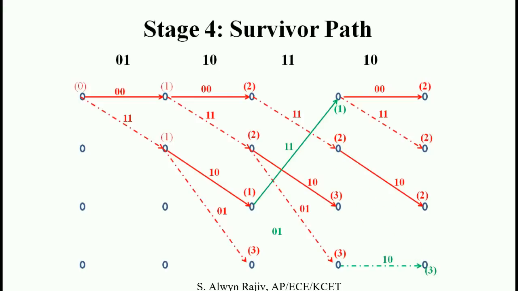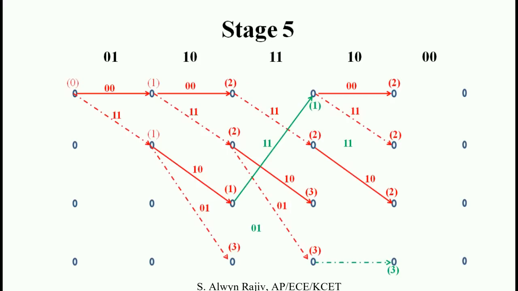Next, stage 5. The stage 4 survival path is to be used in stage 5. The next stage 5 receiving code is 0 0. Now we are going to repeat the stage. For 0 0, the code word metric value becomes 2.